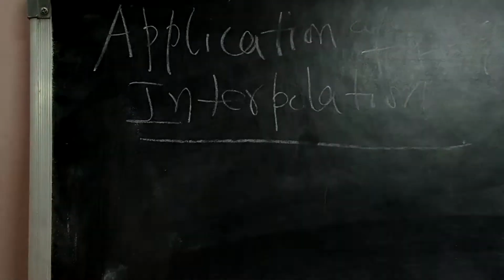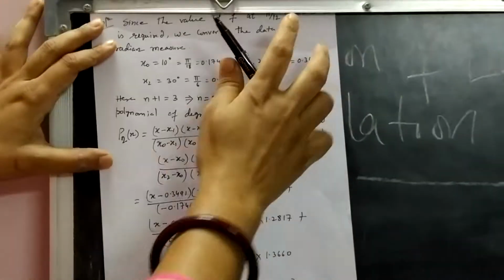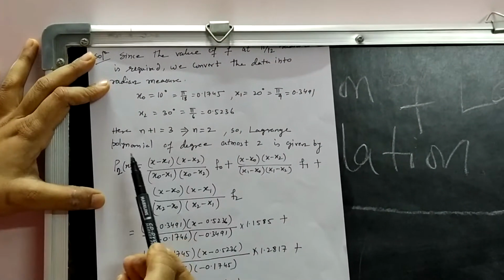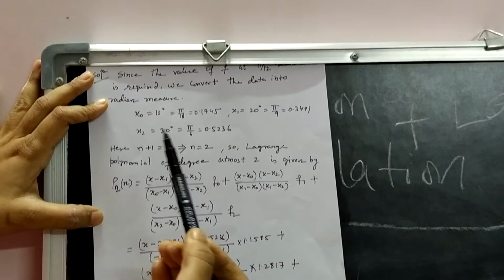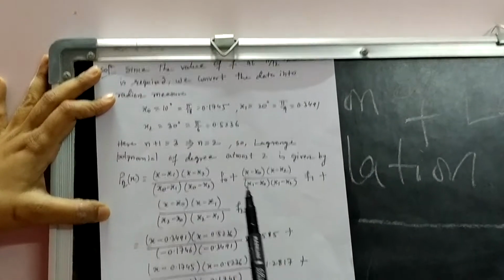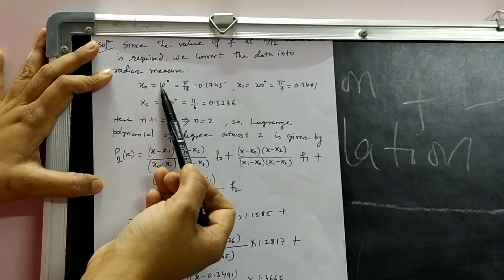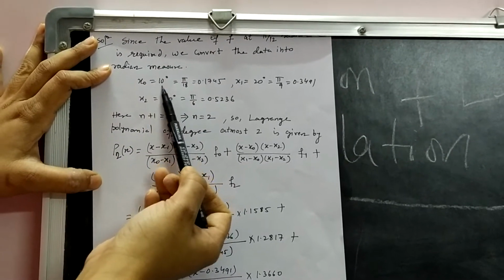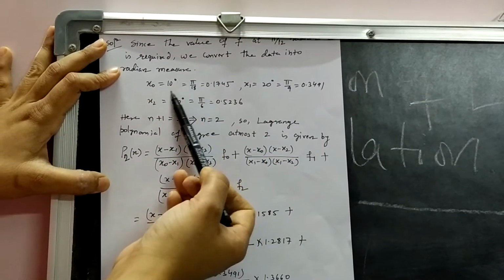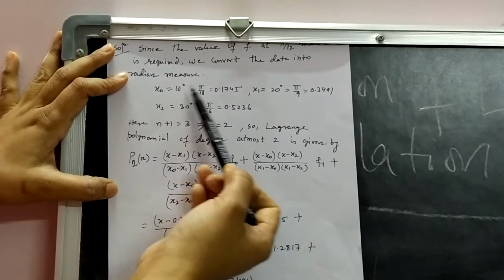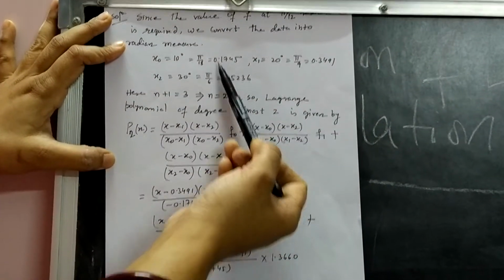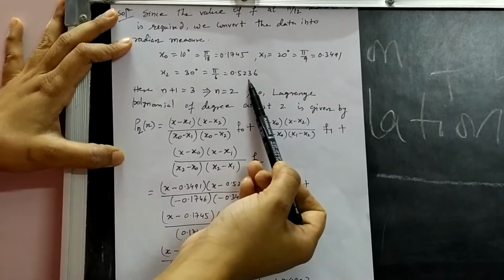So let us see for this problem what we are going to get. These involve simple calculations. The value asked was for f of pi by 12, which was in radian. So it is better to convert all the given values x0, x1, x2, which are in degrees, into radian. It can be easily converted, and the corresponding values are something like this.